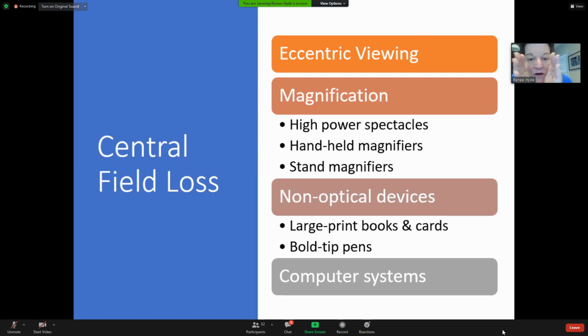But remember, they're not going to be looking straight ahead. They may look to the side of what they're trying to view. Large print books and cards are important. Bold tip pens, like magic markers. Anything that gives a lot of contrast.